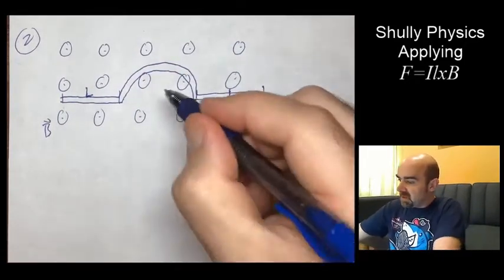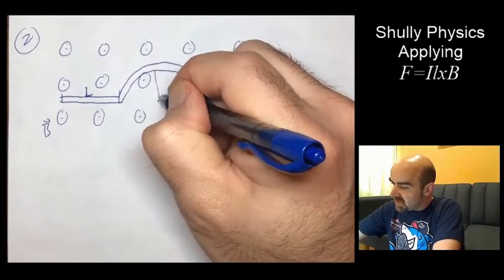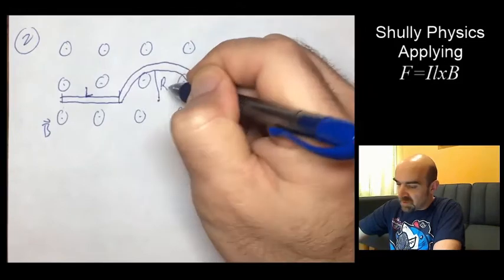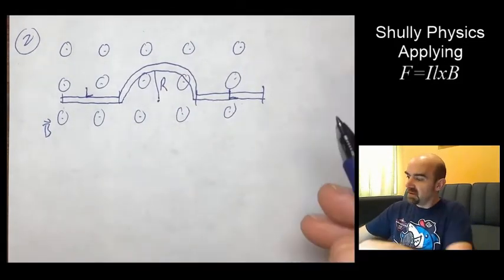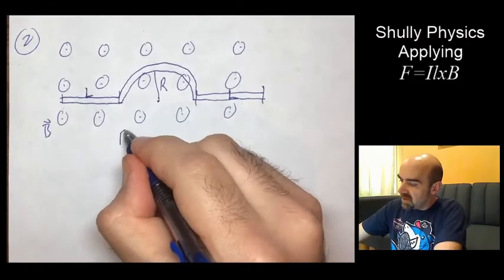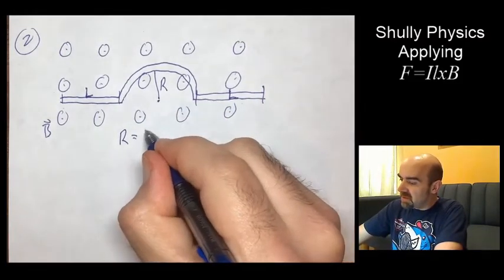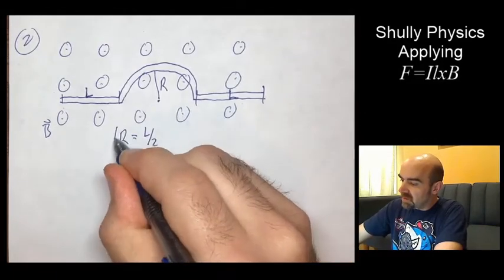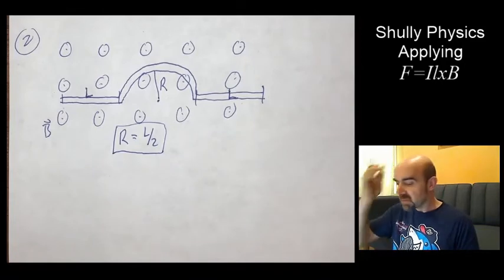And now in the middle, like I said, this is going to be a semicircle, so I'm going to call this radius R. I could go ahead and say that R is equal to a half L, so L over 2. Let's keep that in mind, a relationship between the two.